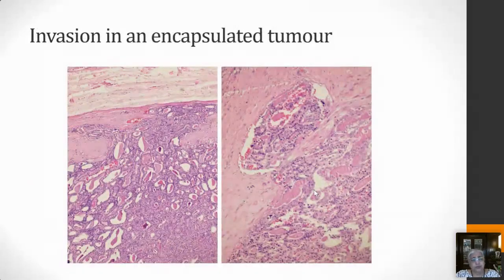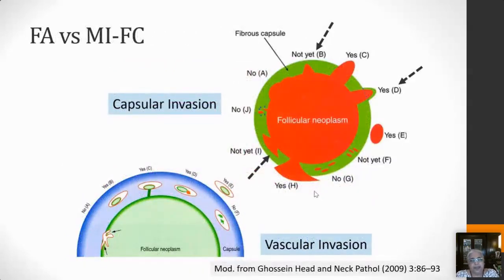And here, as I showed you before, is the classical example of invasion of the capsule, as well as invasion of a vessel within the capsule. And I'm sure everybody has seen this cartoon from Ronald Ghossein's, I think it's a publication in 2009, where we will concentrate on the capsule, and this green rim is the capsule.